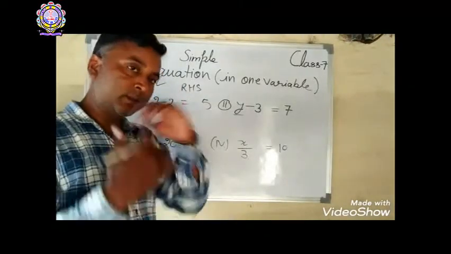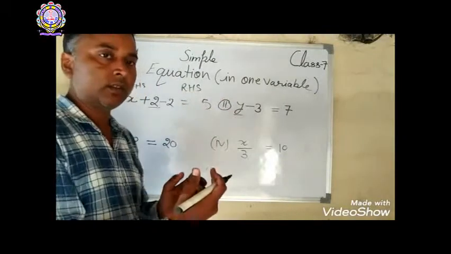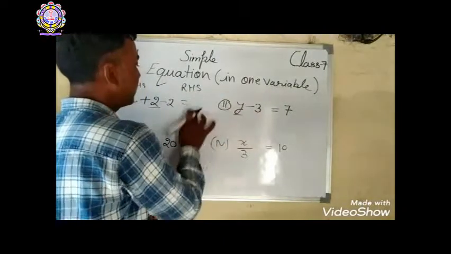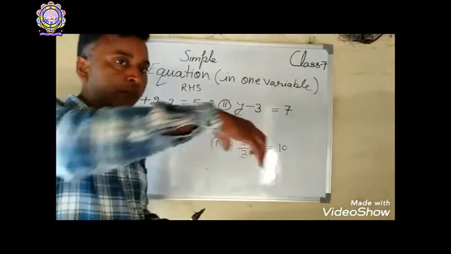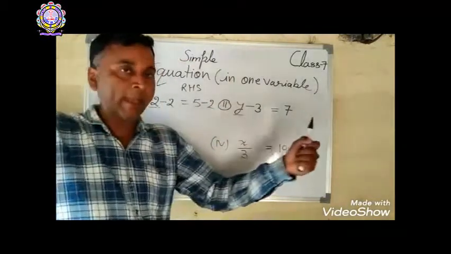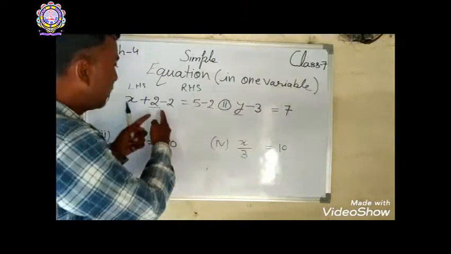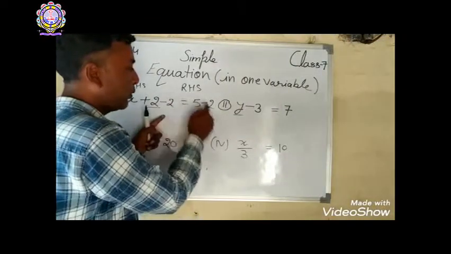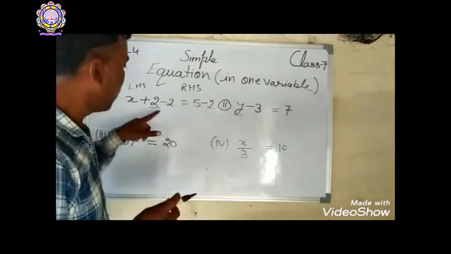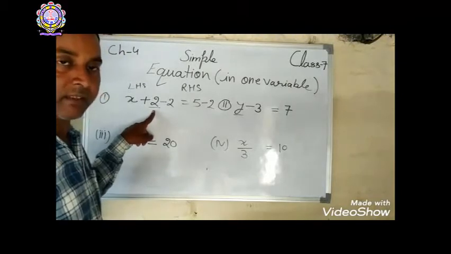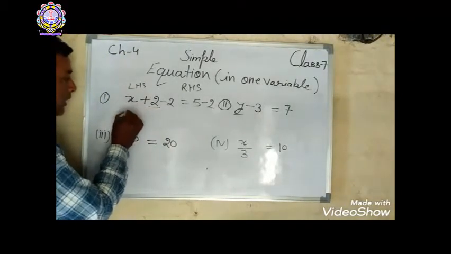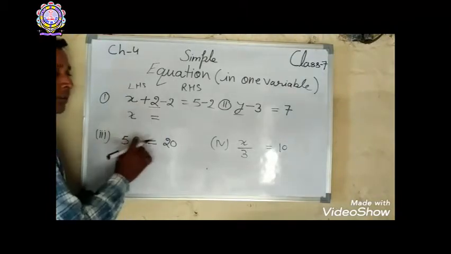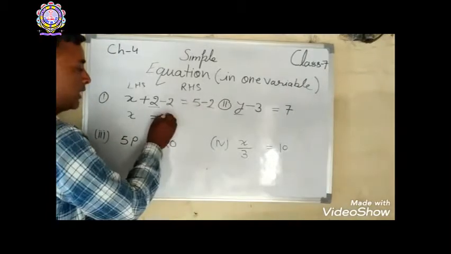We do the same process on both sides. Here also, on the 5 side, minus 2. If we remove the grain from both pans, we subtract 2 from both sides. So you get 2 minus 2, 0 here. Here you get x is equal to 5 minus 2, which is 3.